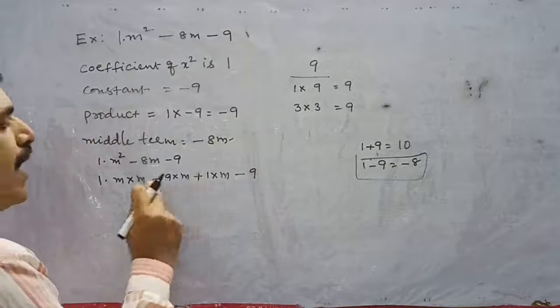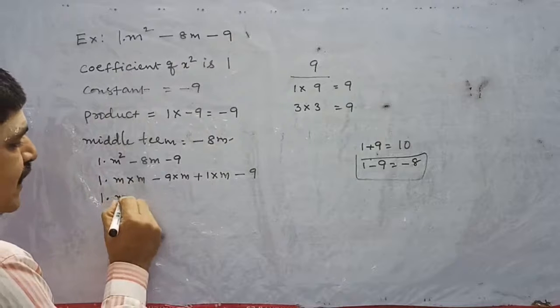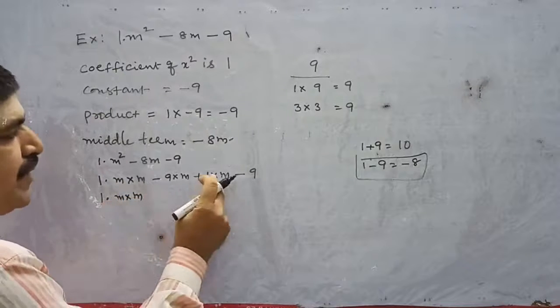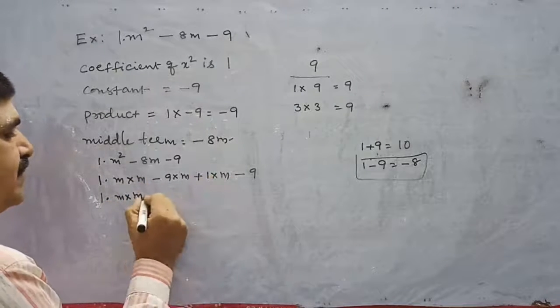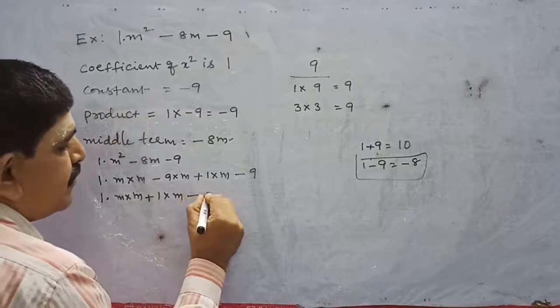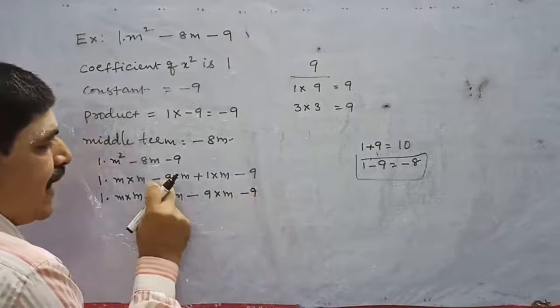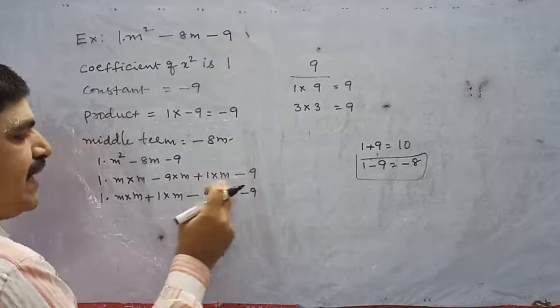Or the same problem I can write like this: m into m, plus 1 into m first. Next minus 9 into m minus 9. Because 9 and 9 are the common factors.